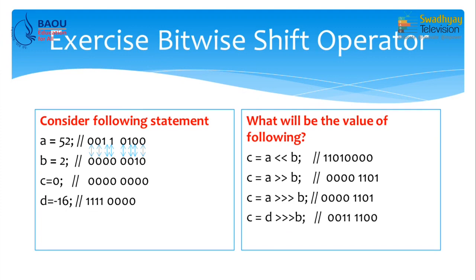Here we have D initialized to minus 16, whose binary equivalent is shown in the comment. So, it will shift all the bits by 2. Now, the most significant bit is initialized to 0, so my value becomes positive. This is the only difference between the two forms of bitwise shift right.